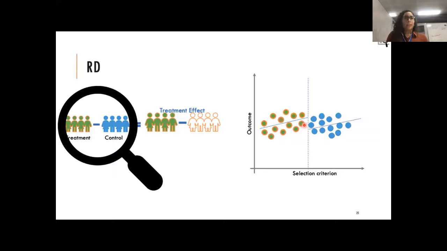We can see why the name is regression discontinuity, because we expect a sudden jump right near the vicinity of the threshold. We focus on that threshold, and those points that are near enough act as our counterfactual. That is, we assume, what would have happened to our participants in the absence of the treatment.